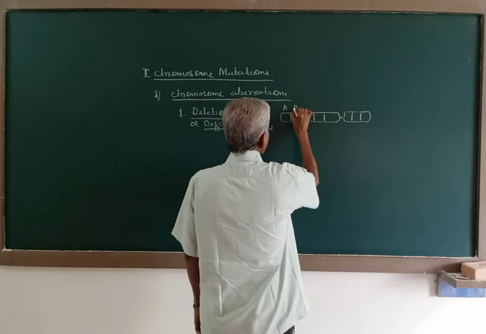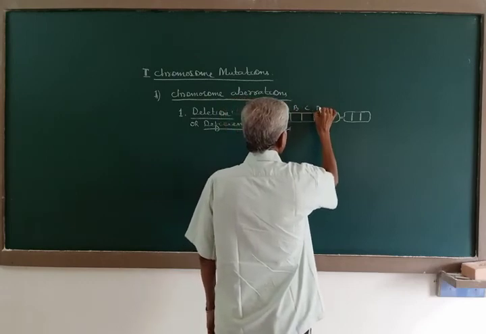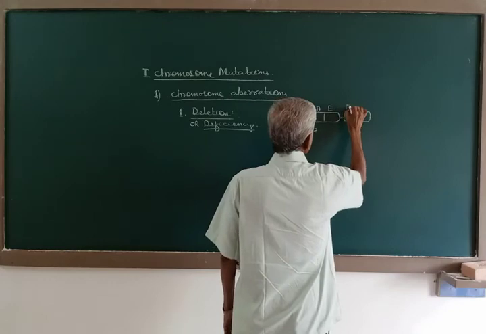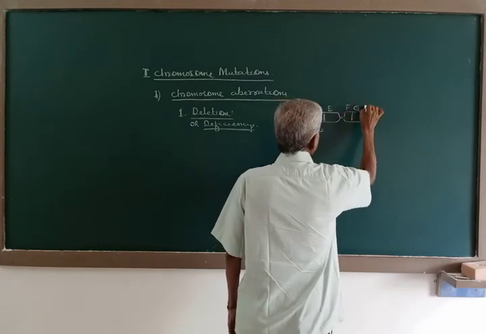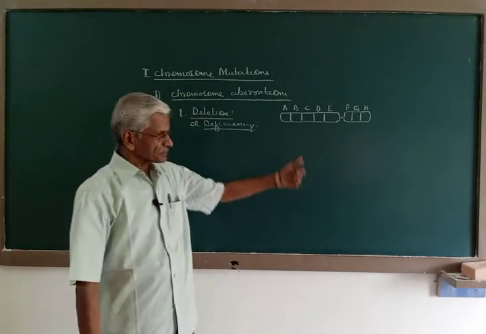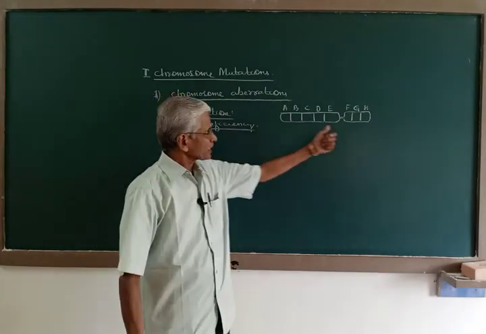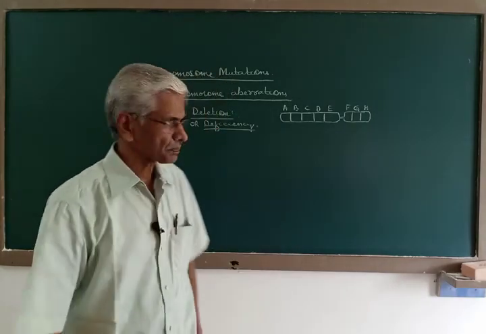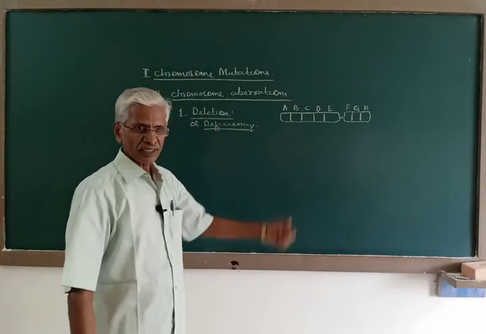A, B, C, D, E, F, G, H. Now, this is the chromosome, and these are the genes, existing genes present, forming a linkage group.